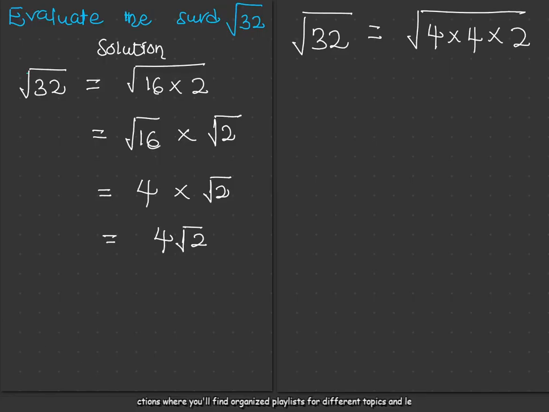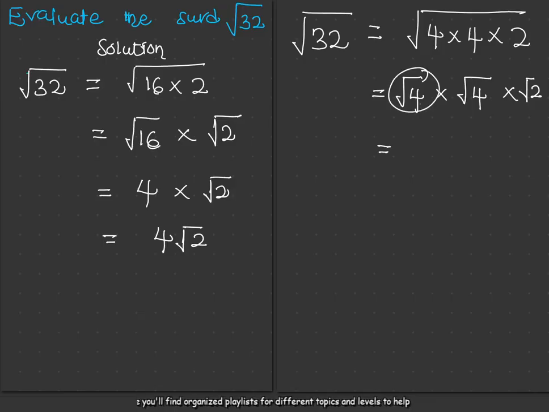The most important thing is you apply the rules. So this time around, since we are having 3 numbers, it's going to be the square root of 4 times the square root of 4, then times the square root of 2. And we do know that the square root of 4, the first one, will give us a 2, times the square root of this 4 also gives us a 2, then we have the root of 2.